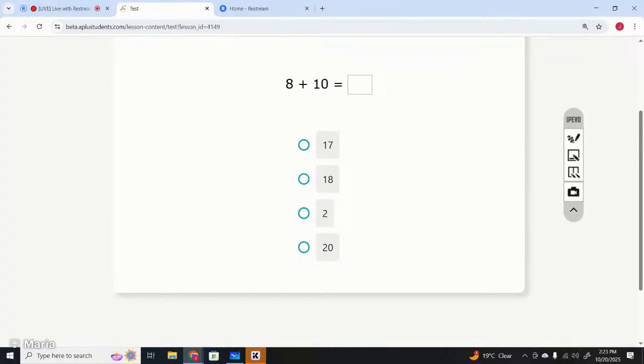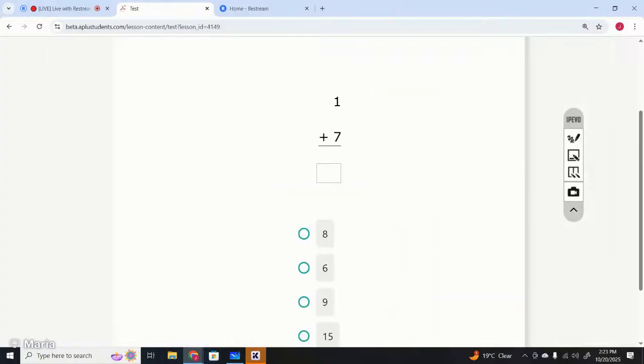10 plus 8 makes 18. Option number 2 is the correct option. 7 plus 1 makes 8.